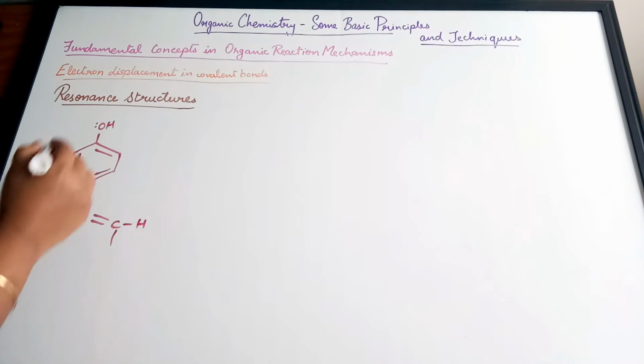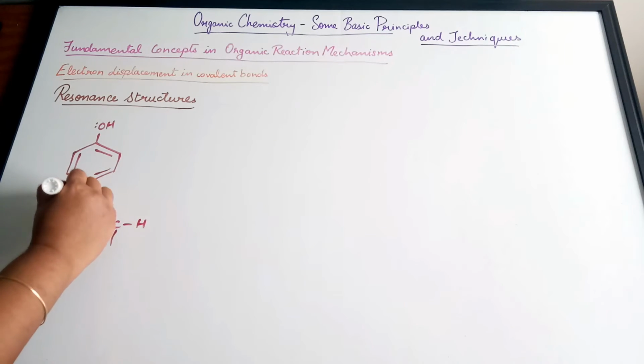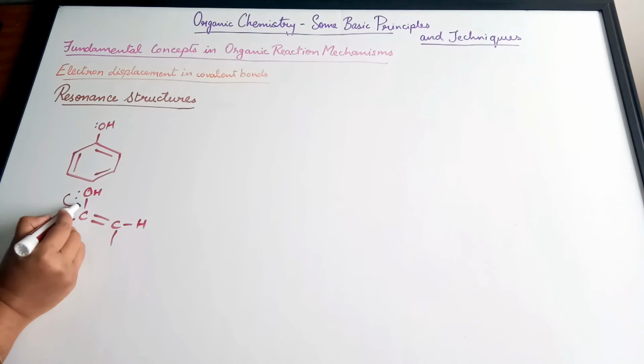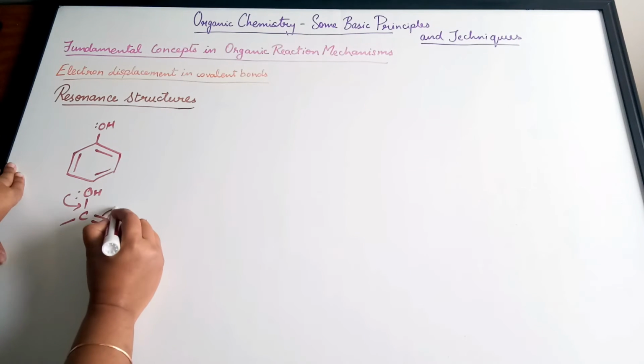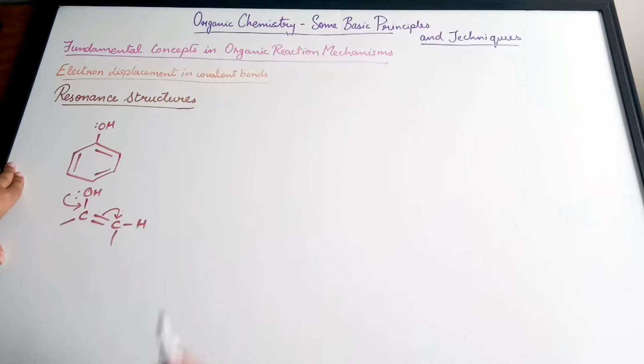Now what happens is, the OH group gives 2 electrons to this carbon atom, and this leads to the formation of a double bond. And because here you have 2 plus 1, 3, 4 and 5, the tetravalency is lost. So this bond is going to shift onto this carbon atom as a negative charge.